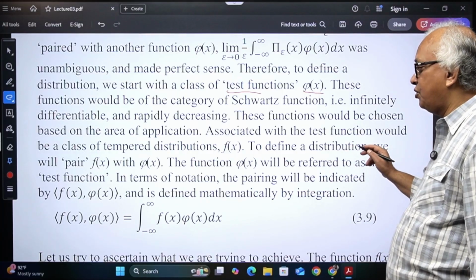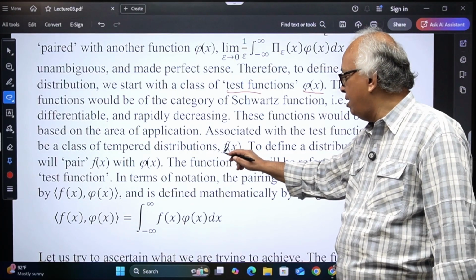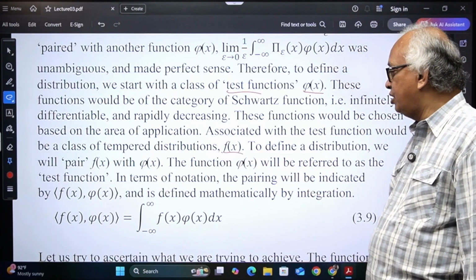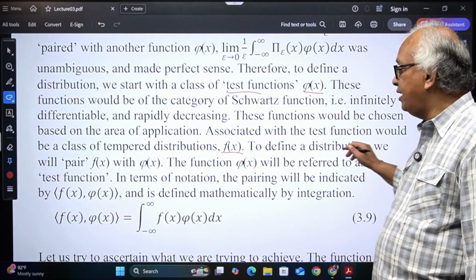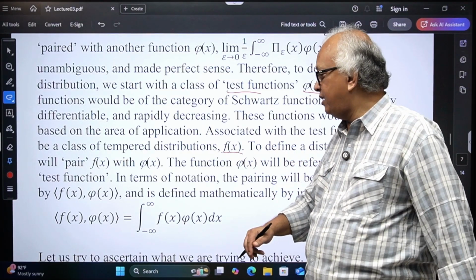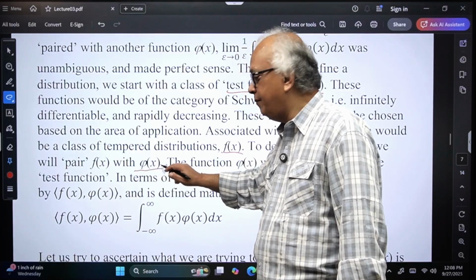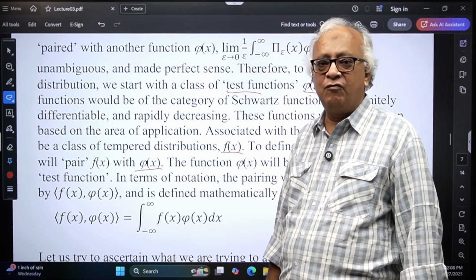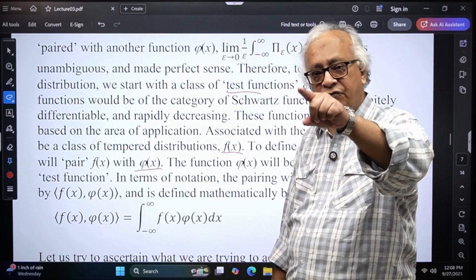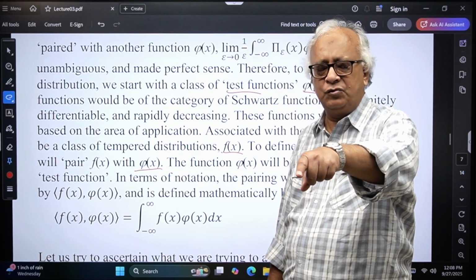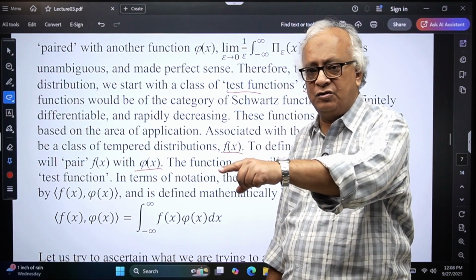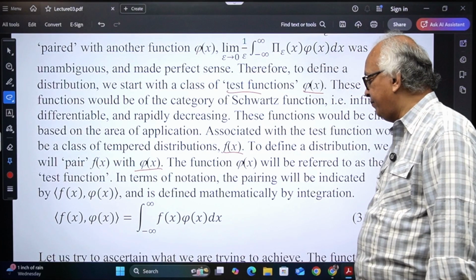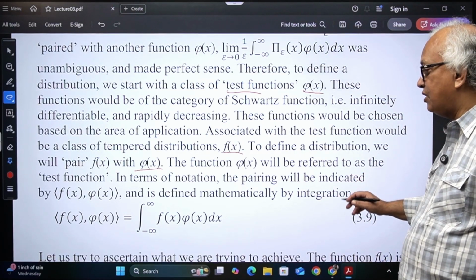Associated with the test function would be a class of tempered distributions f(x). To define a distribution, we pair f(x) with phi. Phi are friendly functions, not distributions, friendly functions. They will be referred to as test functions.